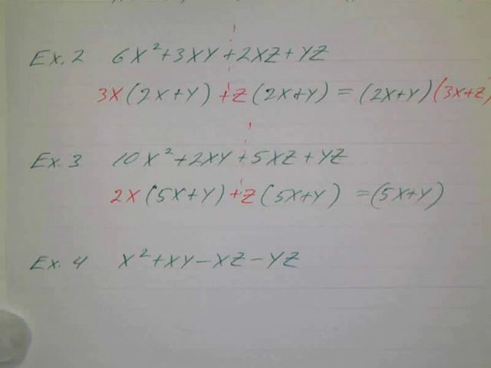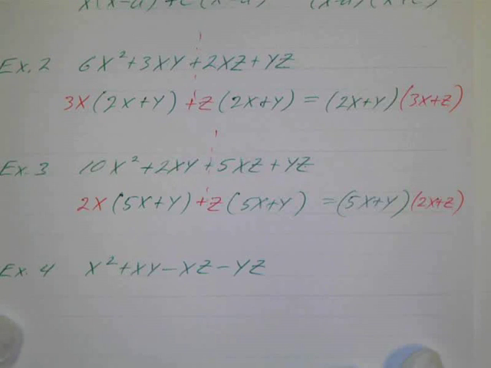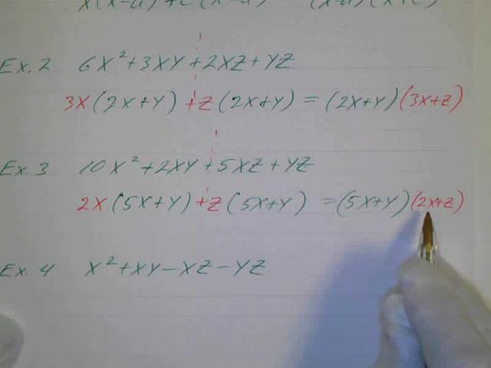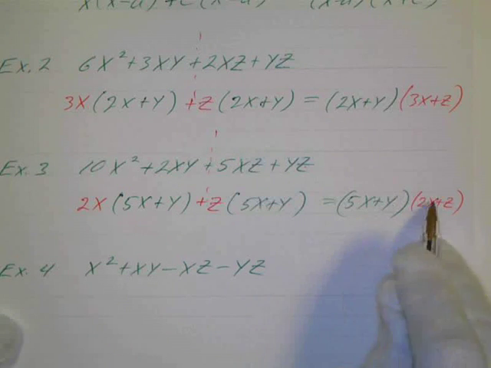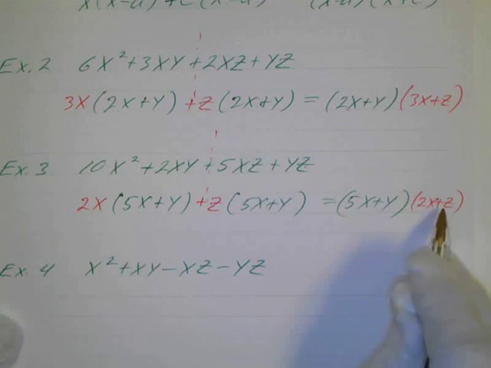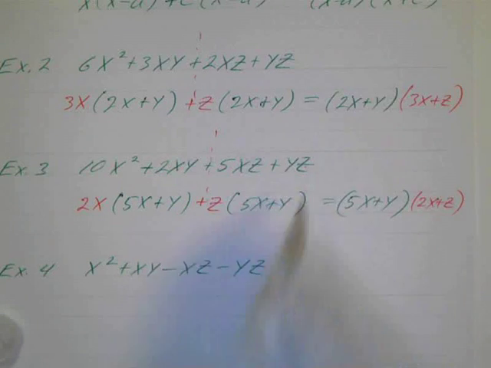And what's left is 2x plus z. And then we can FOIL that out. 10x squared. 2xy is right over here, 2xy. And then 5xz is here, and there's your yz there.